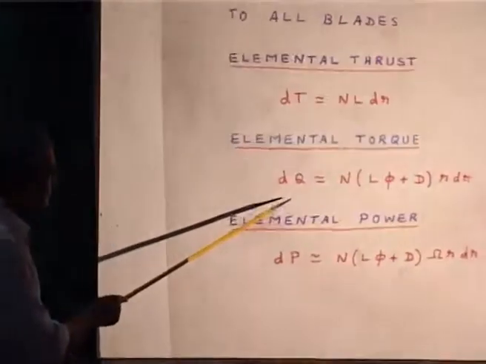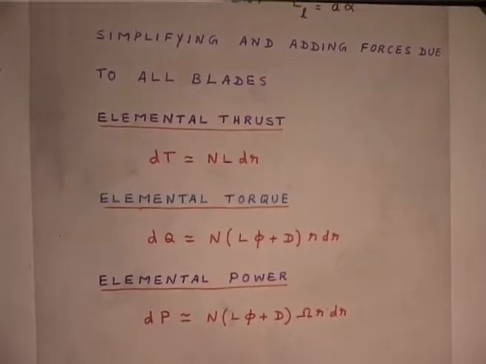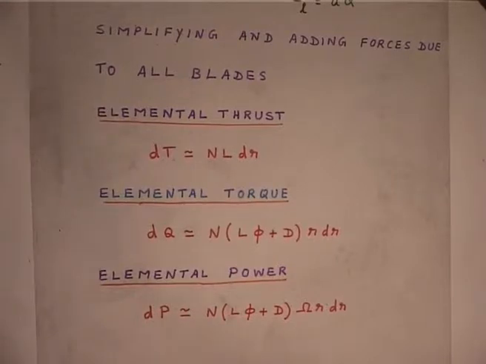And then when I go for torque, I am not interested in the drag force itself, I want to see what is the torque, because I will integrate and then get the torque required to rotate. But later if I want hub loads, I need to get the drag also, I will do that later.